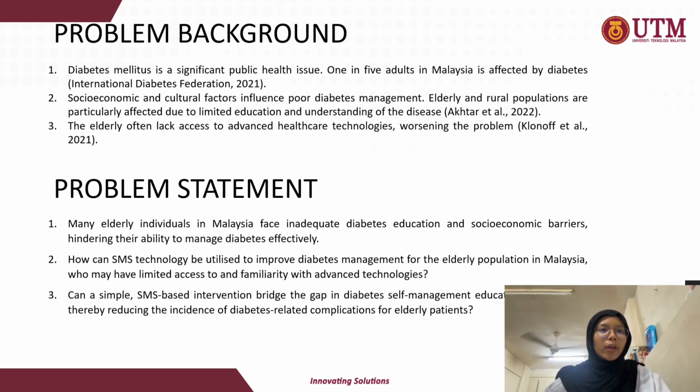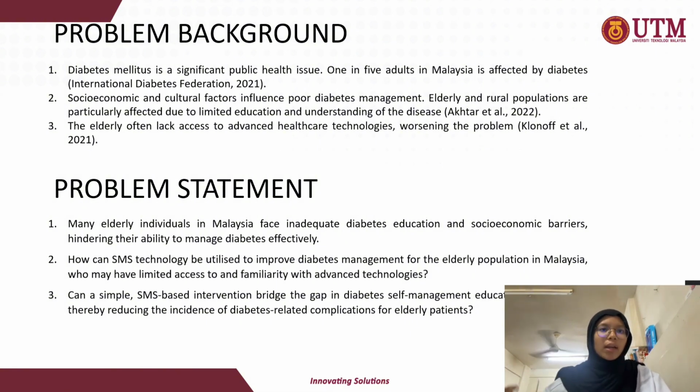Okay, next we are going for the problem statement. So first, many elderly individuals in Malaysia face inadequate diabetes education and socio-economic barriers, hindering their ability to manage diabetes effectively. Second, how can SMS technology be utilized to improve diabetes management for the elderly population in Malaysia, who may have limited access to and familiarity with advanced technology?